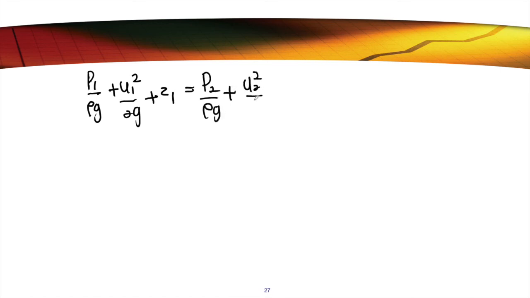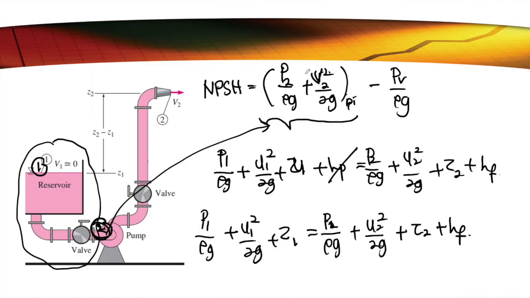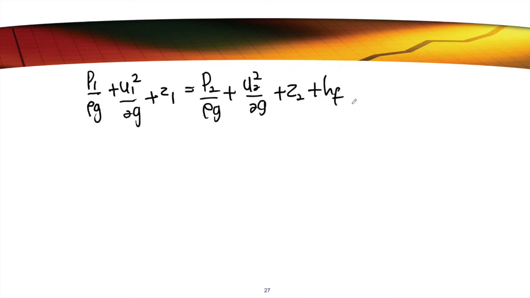P1 over rho g plus U1 squared over 2g plus Z1 equal to P2 over rho g plus U2 squared over 2g plus Z2 plus HF. Now in the NPSH equation we have P over rho g plus V squared over 2g at the pump inlet. So pump inlet is P2 over rho g and U2 squared over 2g.